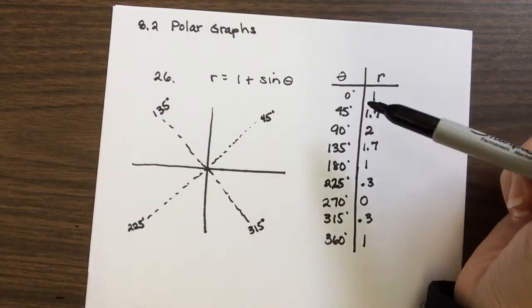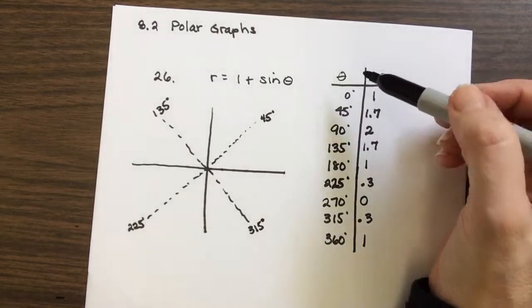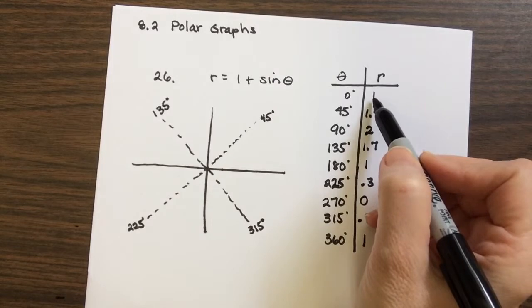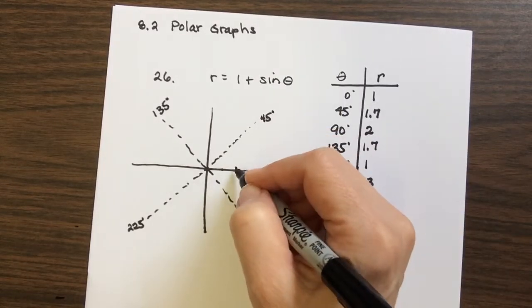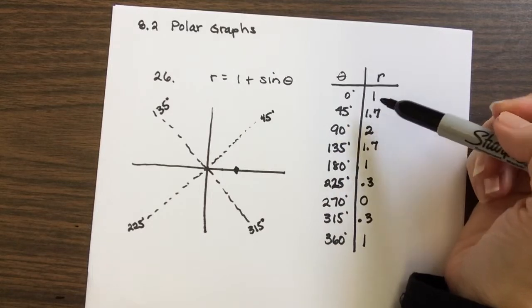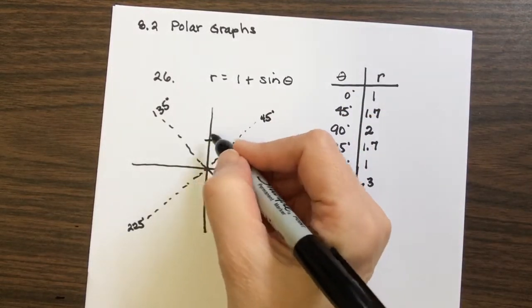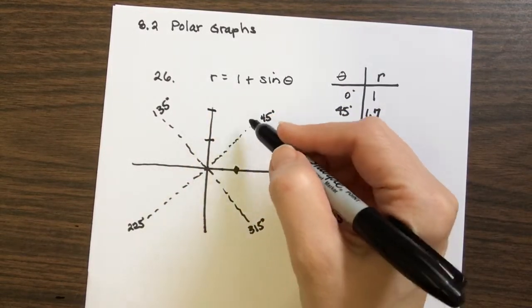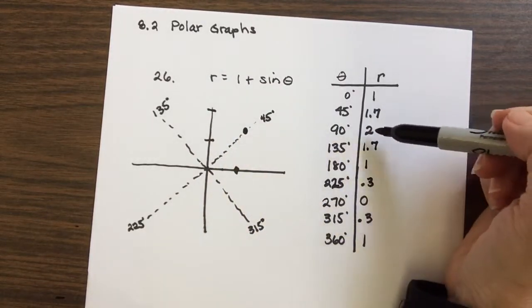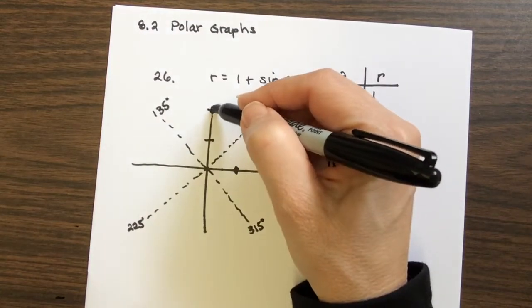Like I said, I am literally just plotting points. So if my theta is 0, my distance is 1. So I've got that point. Then at 45 degrees, I've got 1.7. So let's just go ahead and mark off 2 here. So 1.7, I'm going to about right there. At 90 degrees, I'm at 2.